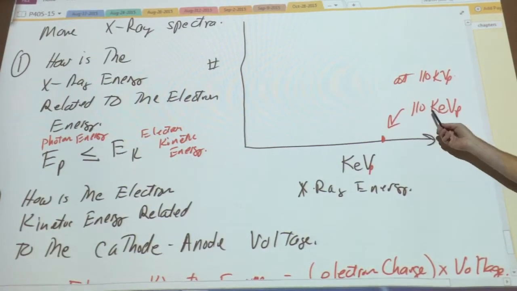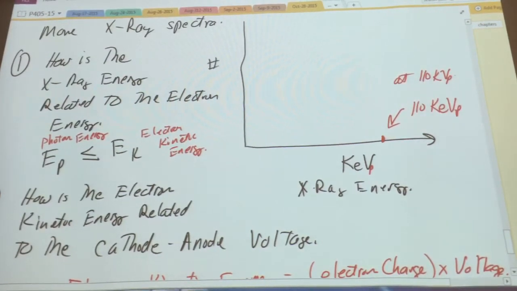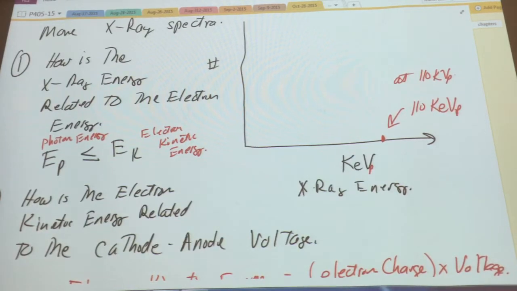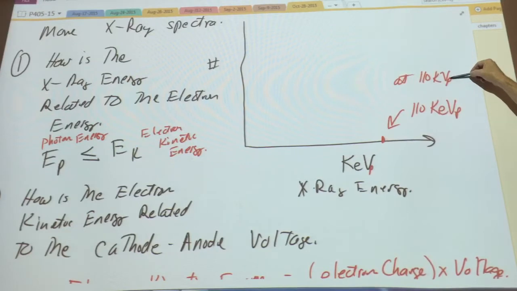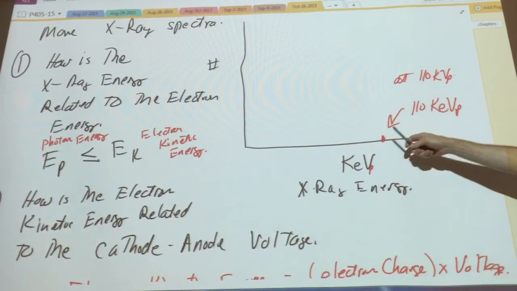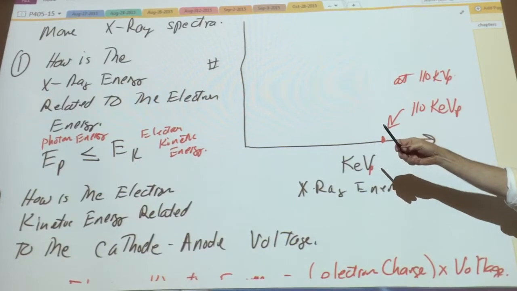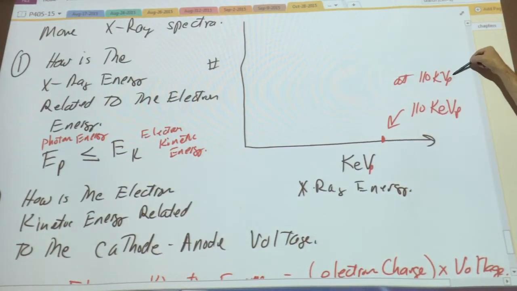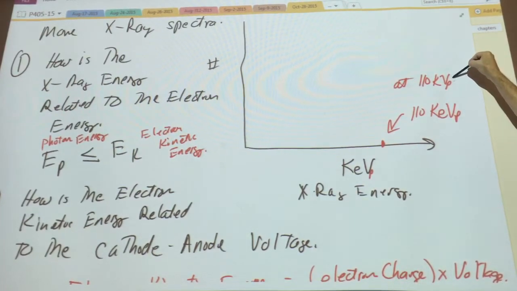My maximum energy is 110 keVp. With the machine at 110 kVp, my electron kinetic energy at this machine setting is 110 keVp. Watch out for that E.